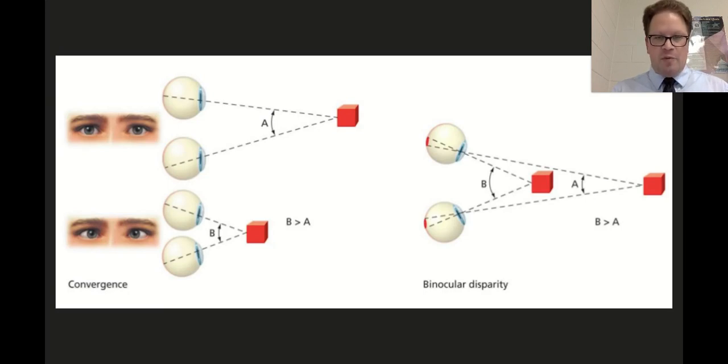Now, retinal disparity. This refers to the fact that our eyes see the world from a slightly different angle. So there's a greater difference in the 2 different images in our eyes when things are very close than when things are further away.